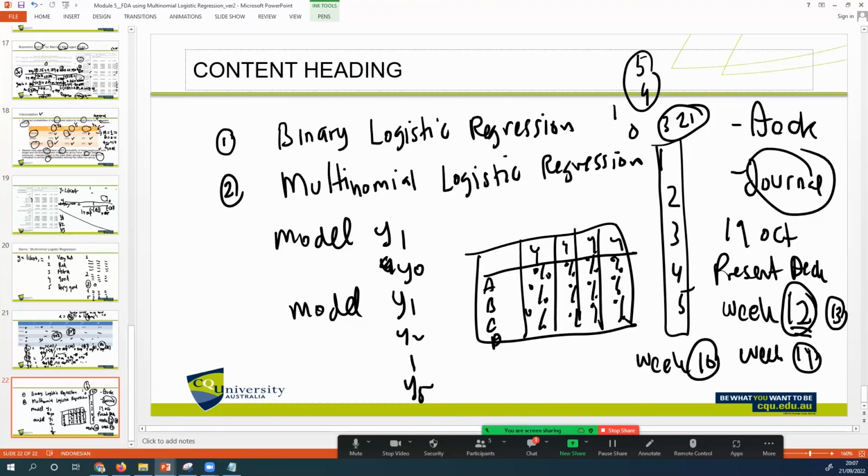So the deck and journal you submit in week 14, around the 19th of October. But the exam will be on the journal.